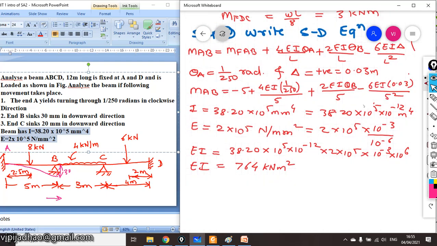So what we'll be doing now, okay, now put the value of EI as 764 in this particular equation MAB.